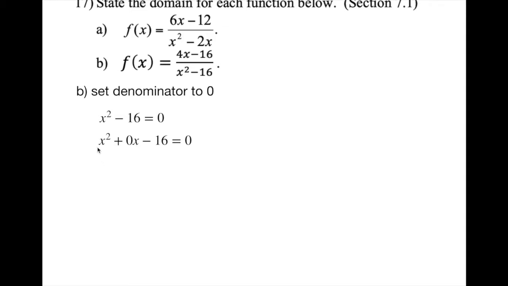So AC is 1 times minus 16, which is minus 16. We want to factorize this number so that the summation will be 0, which is b. That will be minus 4 and 4. So in this way, we know how to factorize this: x plus 4 times x minus 4 equals 0.